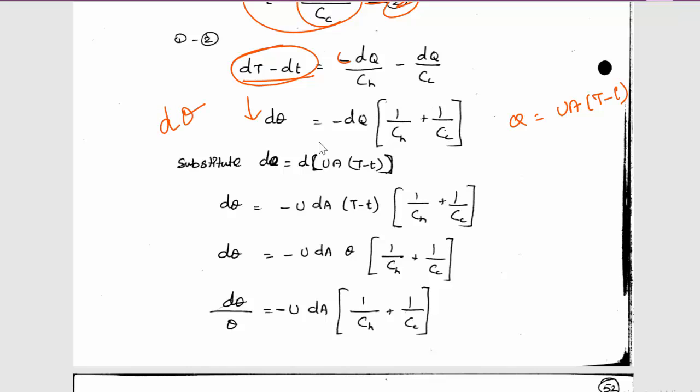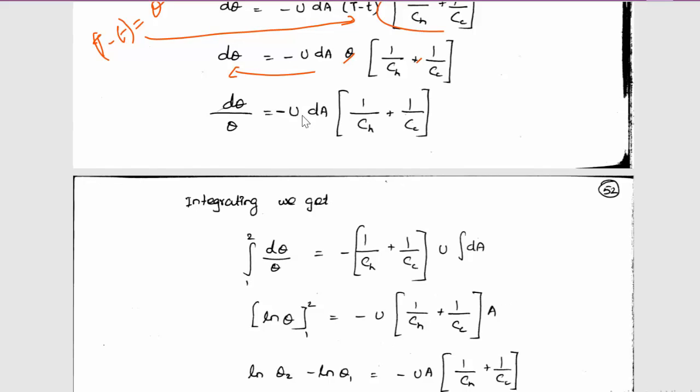So T minus t equal to theta, I am writing here. This has to be substituted here so that the equation becomes minus U dA theta into this expression. Theta has to come to this side, so d theta divided by theta equal to minus U dA into 1 by ch plus 1 by cc.